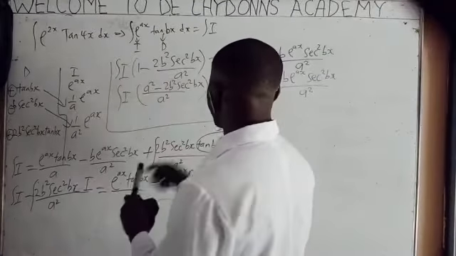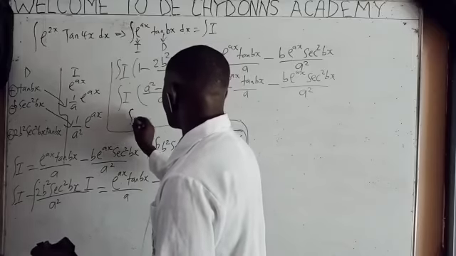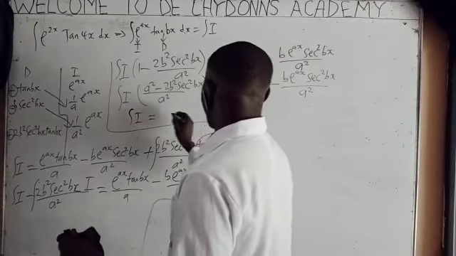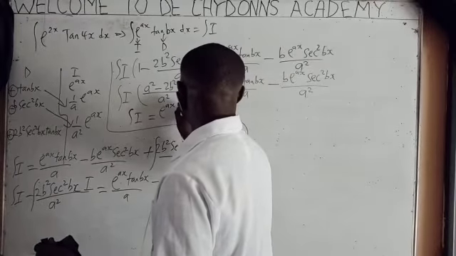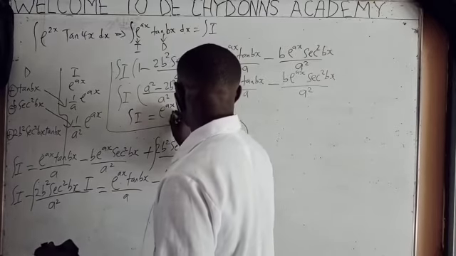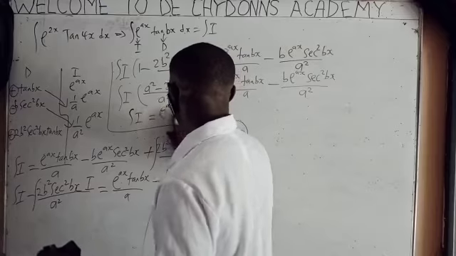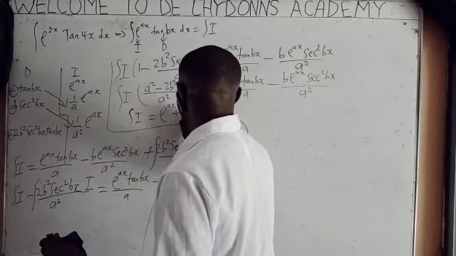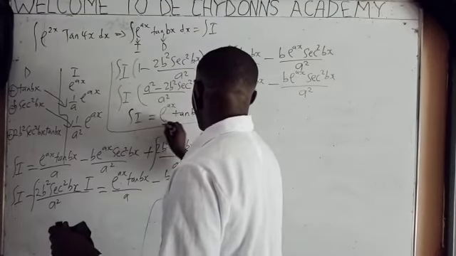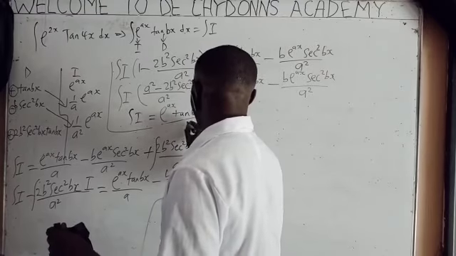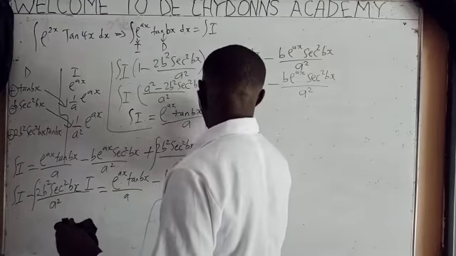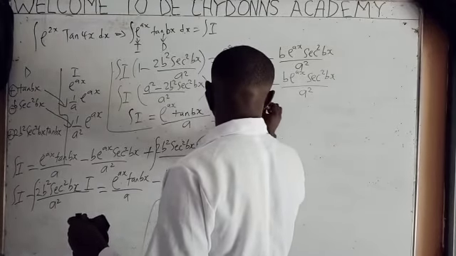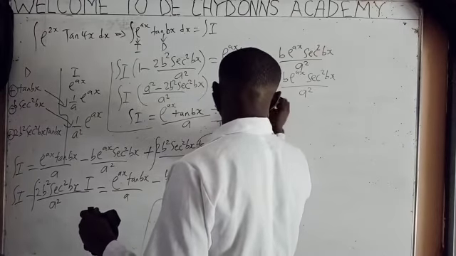Then carry this to the other side. If I do so, I will be having integration I as subject of formula equal to exponential ax tan bx all over a divided by a square minus 2b square sec square bx all over a squared.